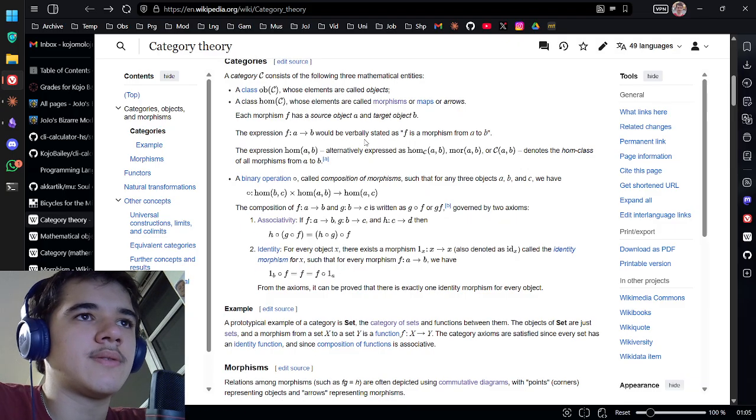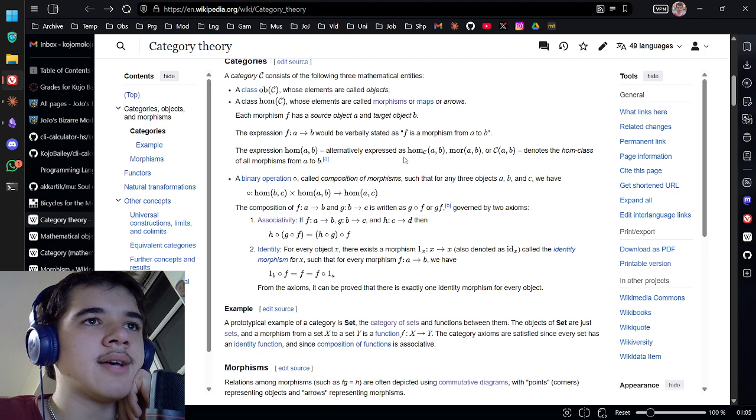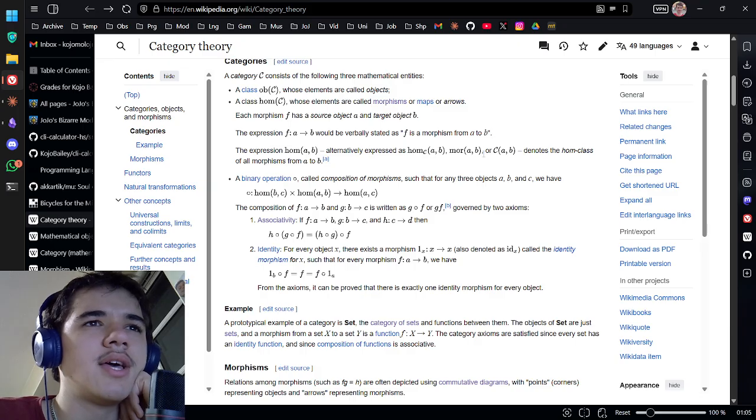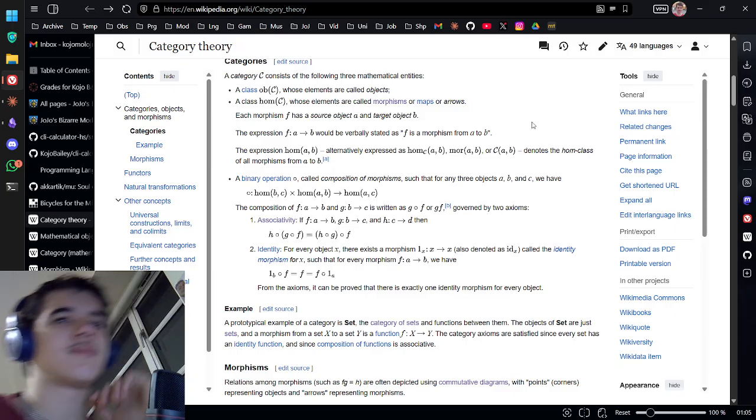The expression hom(A, B), or hom C of A, B, because I guess that was category. Sure. Mor(A, B) or C(A, B), okay, denotes the hom class of all morphisms from A to B.